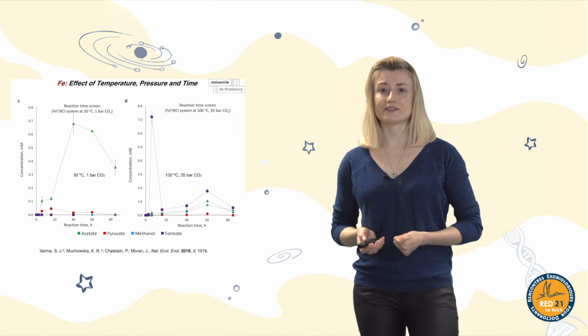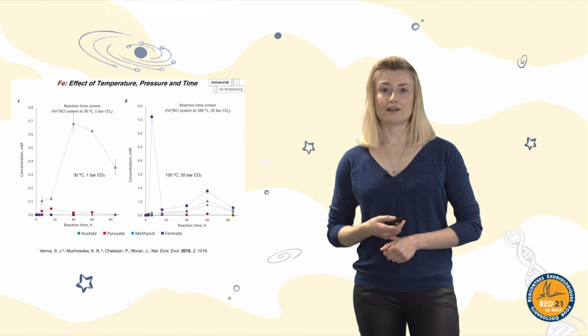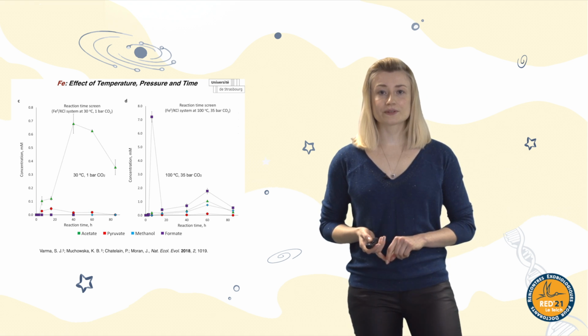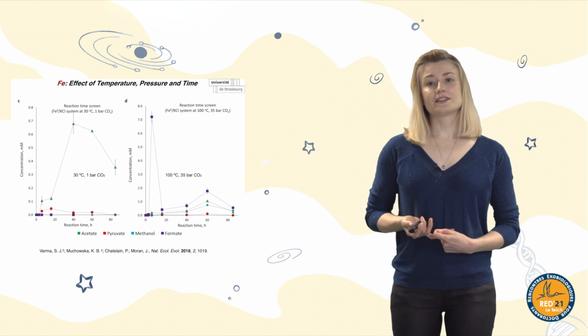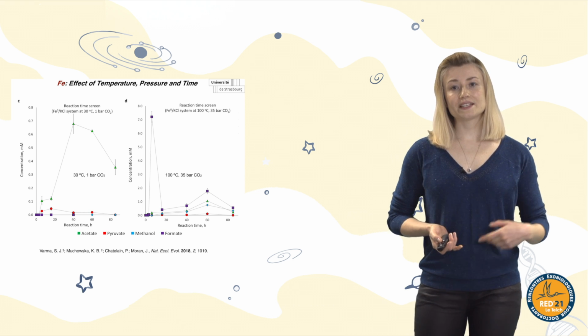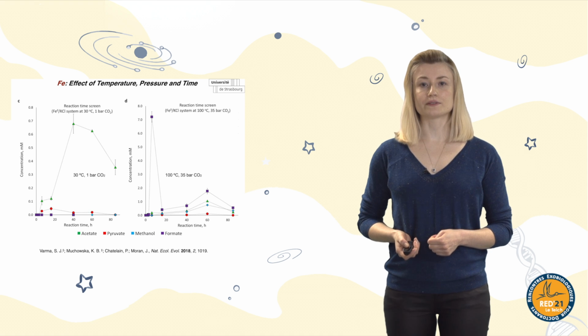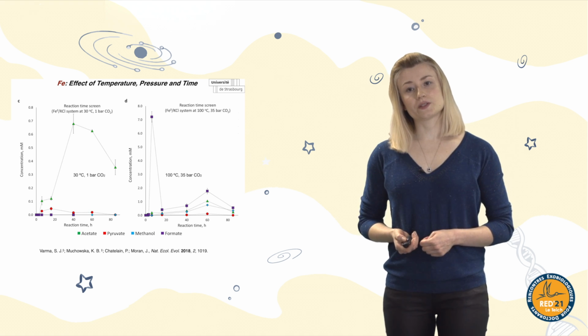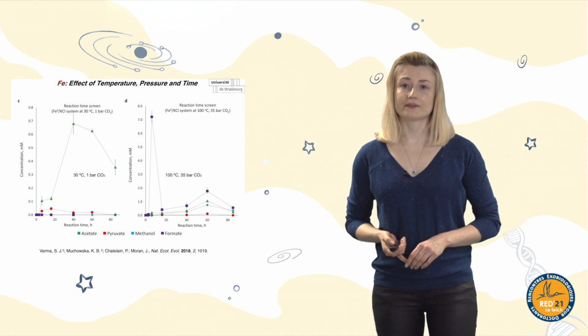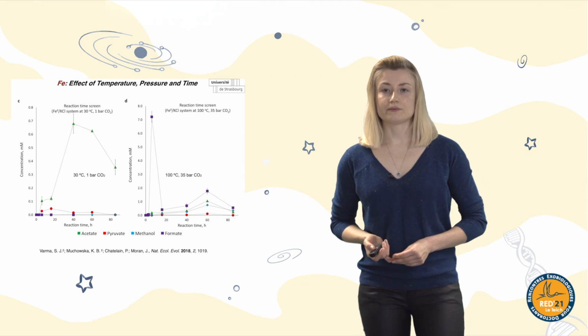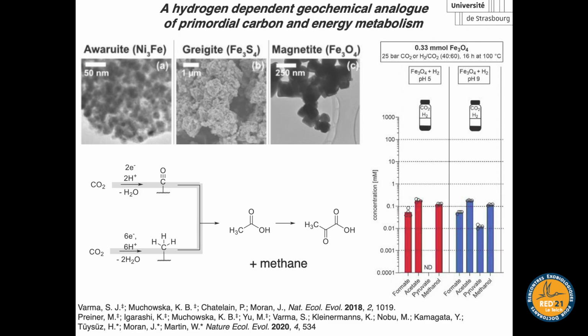You get products at a very large range of temperatures. And also, at different times, you get mostly acetate or mostly pyruvate. So this was very interesting to us. And also, in some cases, we noticed ethanol. So that was another extra product which we measured.